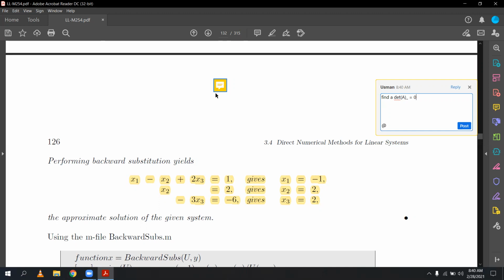So the first step is what? You have to find L and U, and then show that determinant of A must be equal to determinant of U must be equal to 0. That will give you the value of alpha.